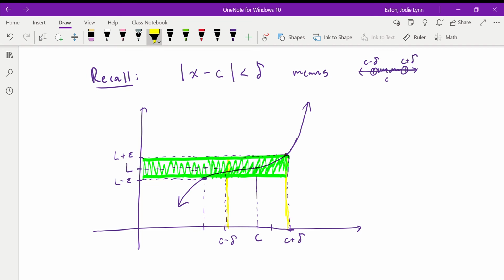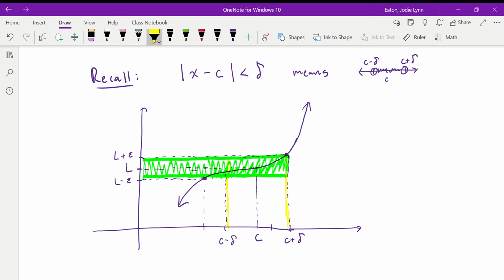Whatever epsilon you pick, you have to be able to find a delta so that when you are within delta from C in the x, you will always be within epsilon of L in the y. It's a little recursive, because you start with epsilon, find a delta, and being within the delta means something about the epsilon. So it's a bit of a back and forth.